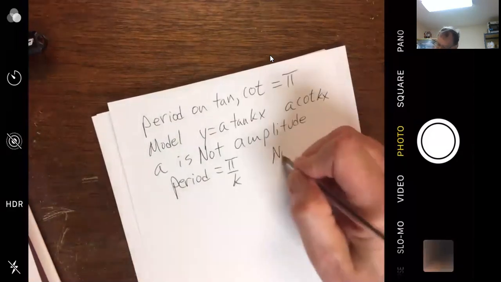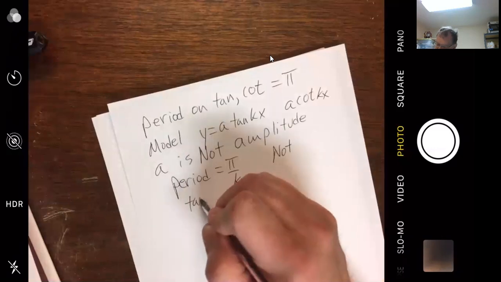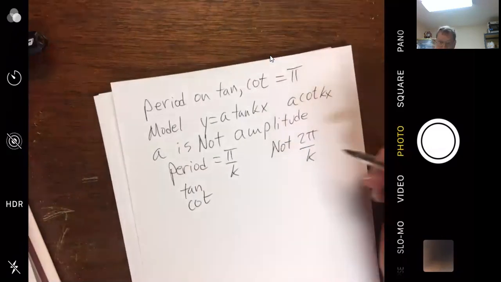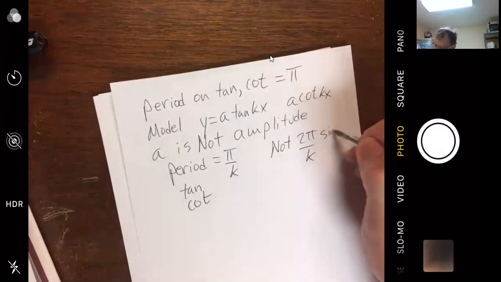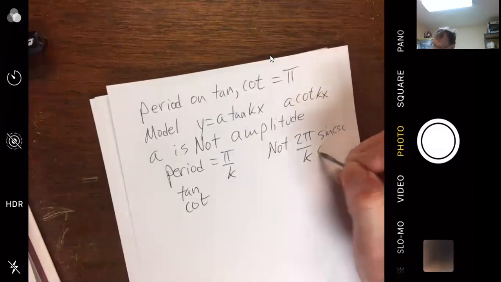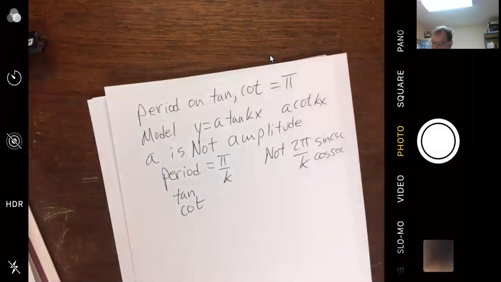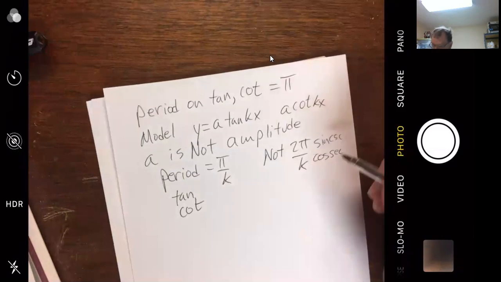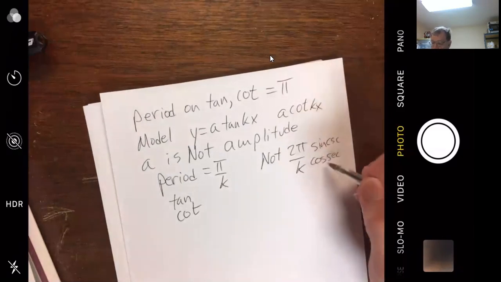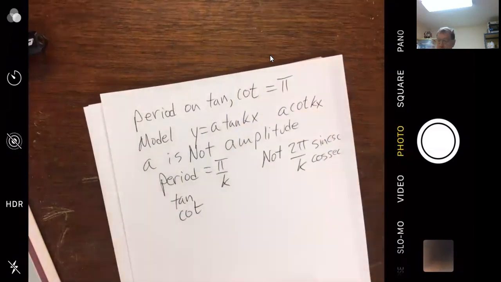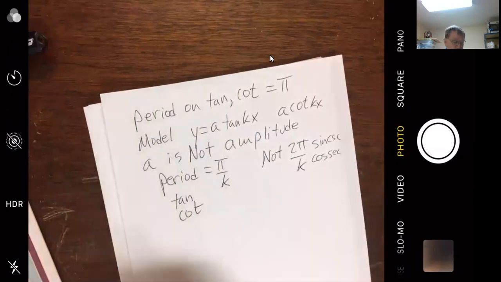This is on tangent and cotangent. For sine, cosecant, cosine, and secant, it is 2 pi over k on all these 4, but pi over k for tangent and cotangent. Tangent and cotangent repeat themselves every halfway around the circle, not the full way around the circle. That's the main difference you've got to realize.